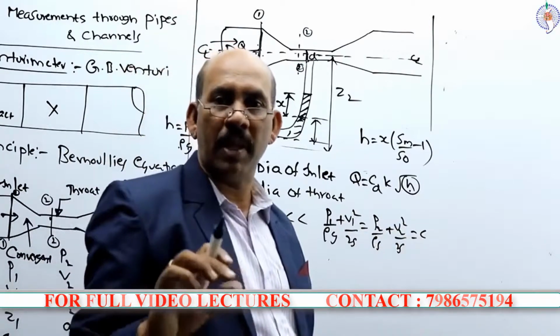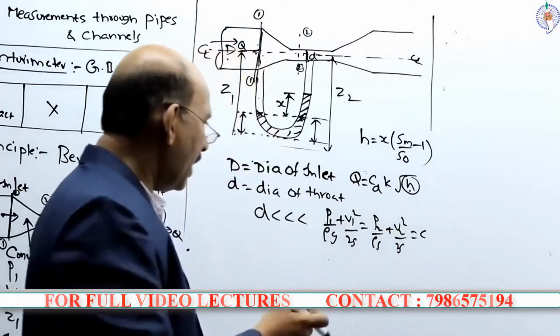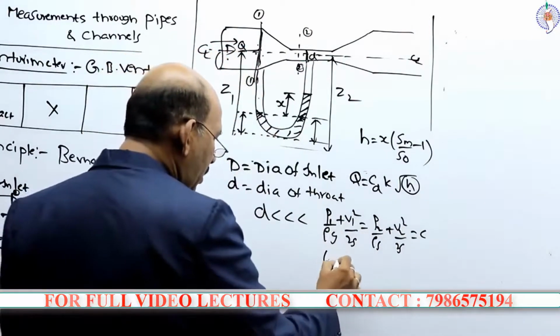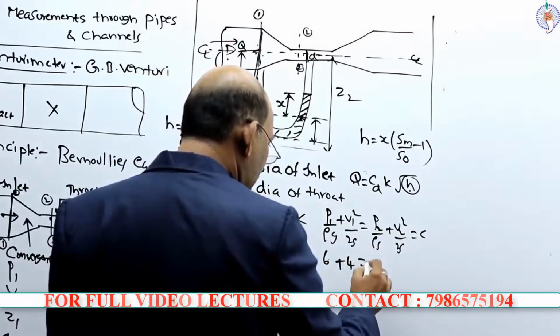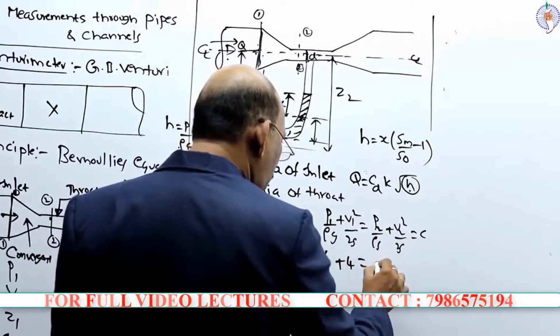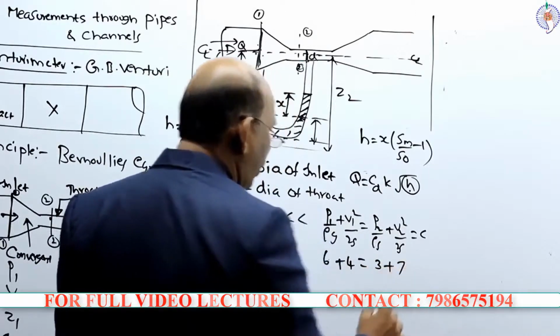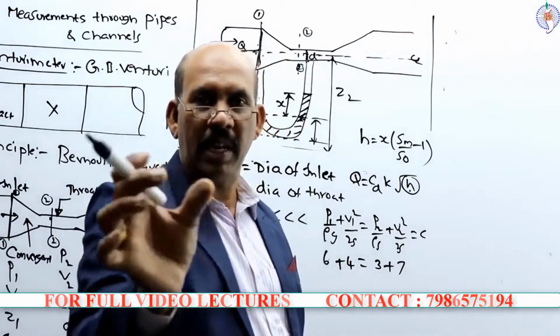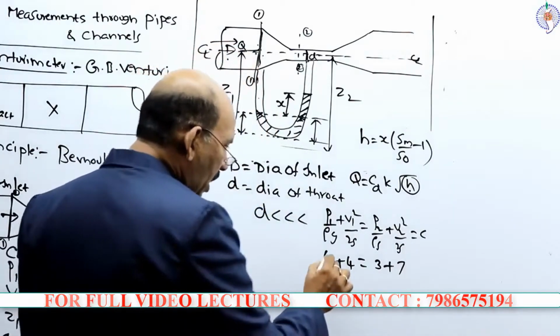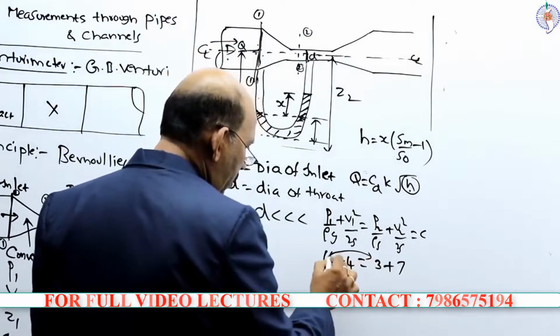The total energy remains constant. Let us consider this energy is 6, this energy is 4. Let us consider P2 is 3, V is 7. Let us consider these values of just pressure and velocity. So you can see the pressure difference.